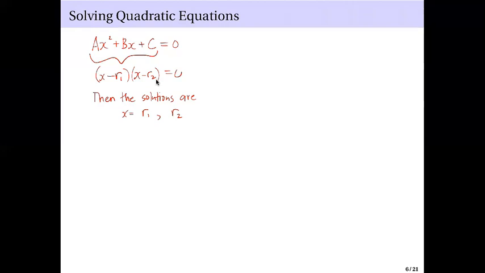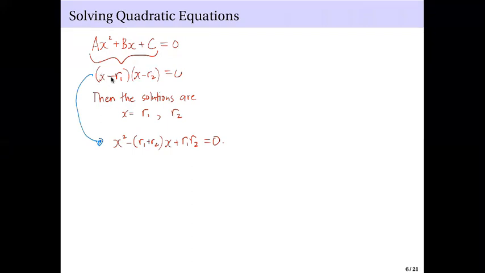Remember, if I multiply this out, we will get x squared minus (r1 plus r2)x plus r1 times r2 equals 0. Just multiply, use the FOIL method if you want.